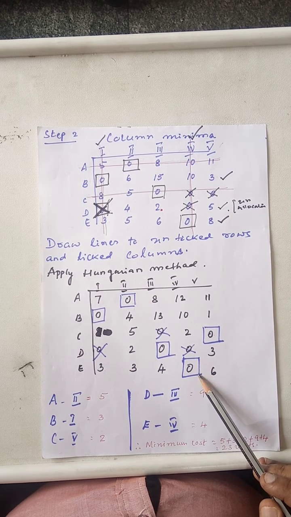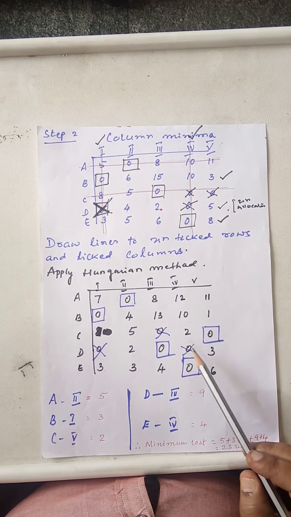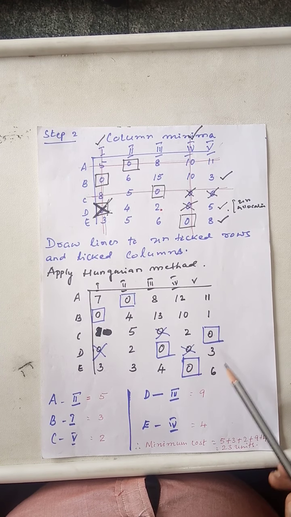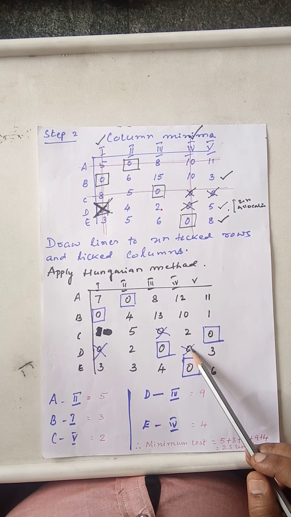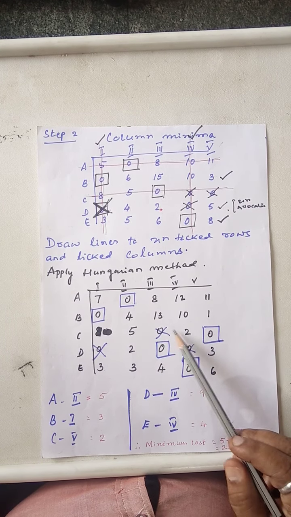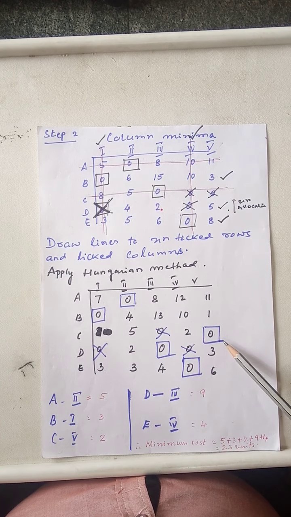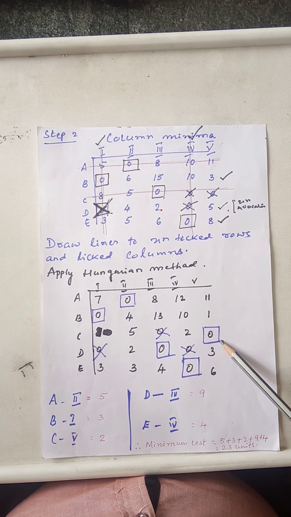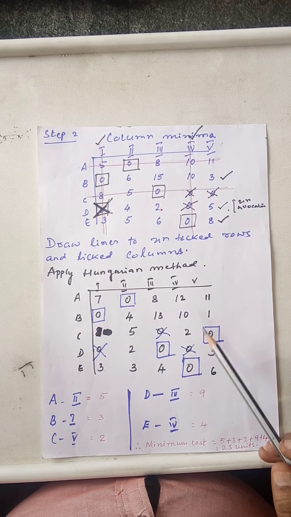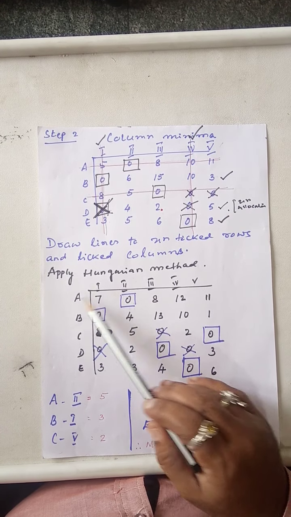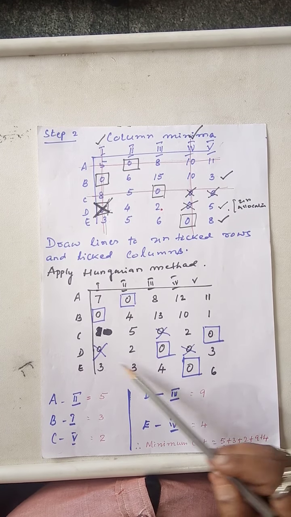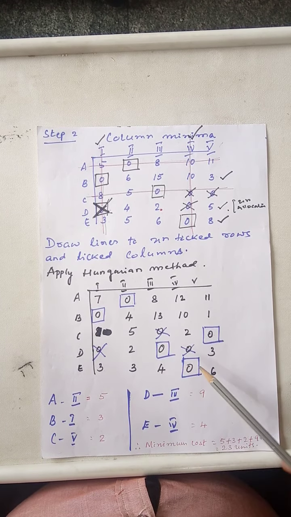We have only one 0 here, and the respective column is deleted or discarded. Now we are left with only one 0 here, and this is marked, and finally we have only one 0 left in the third column, and that is allocated. Now the optimum allocation is A with 2, B with 1, C with 5, D with 3 and E with 4.